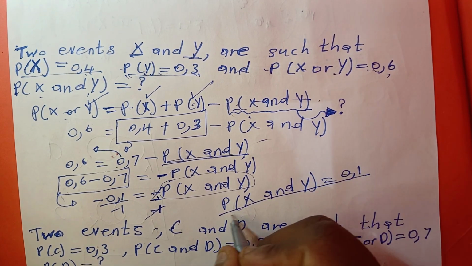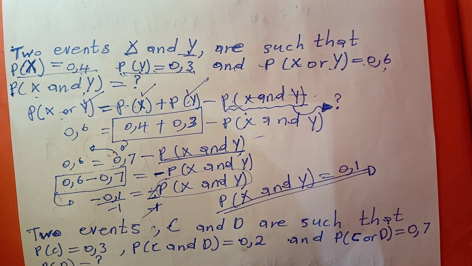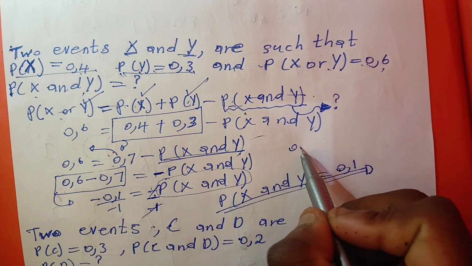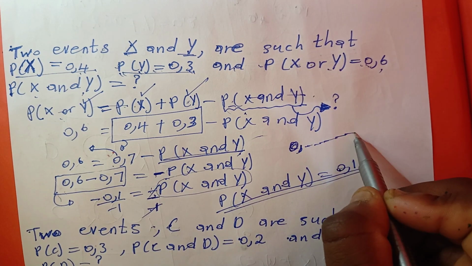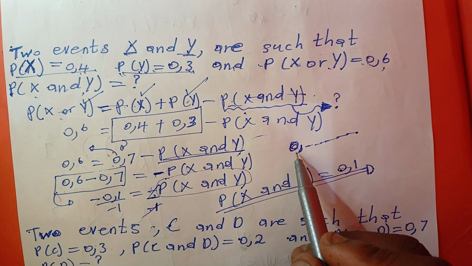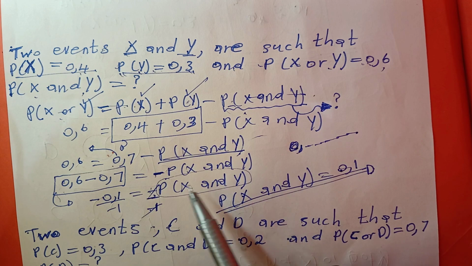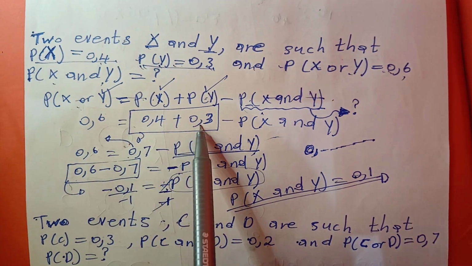This answer is correct without any hesitation, because our answer all the time must be 0 something. It should not be negative, and it should never be bigger than 1. So this one seems to be difficult, but actually it's easy, guys. We just substitute here.